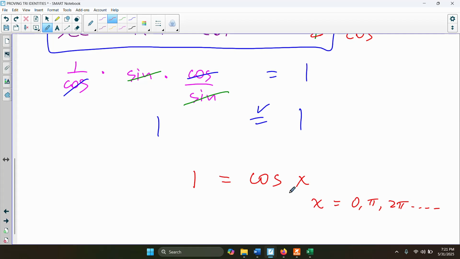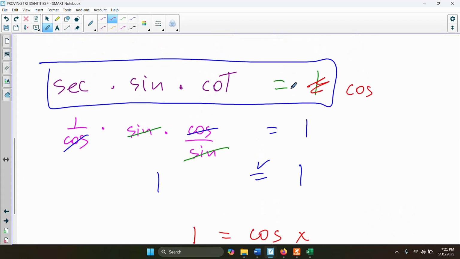In fact, infinitely many answers, unless you say you just want the domain to be from 0 to 2 pi. Anyway, for those of you who didn't follow me, that's okay. The point is, if I had the word cosine here, this would not be an identity, because it would only sometimes be 1 equals 1. Meanwhile, if I had not 1 but something else here, it would be a false statement.